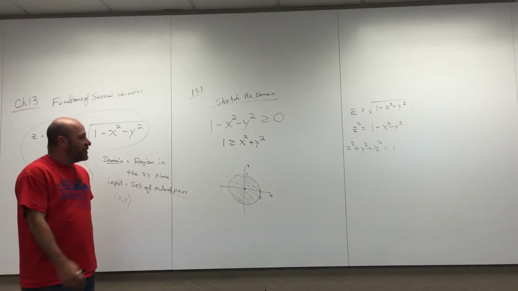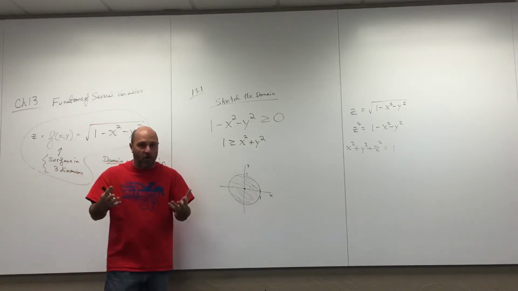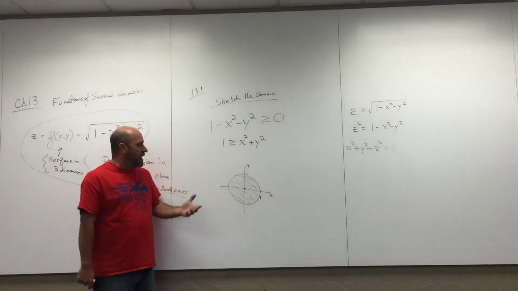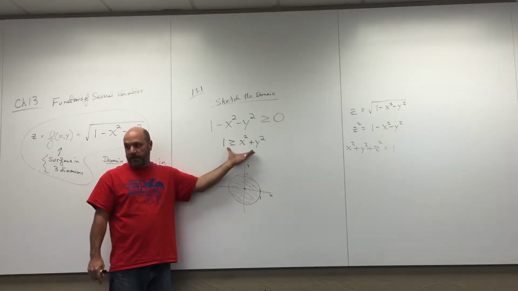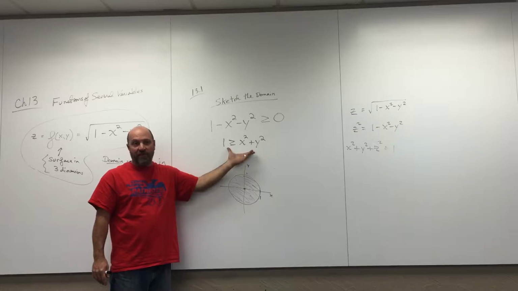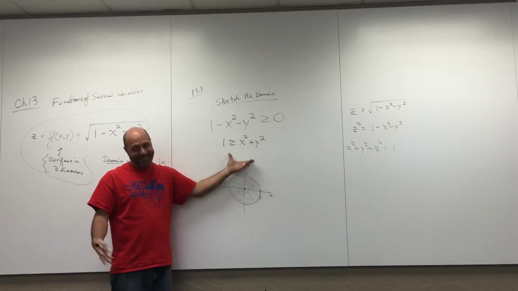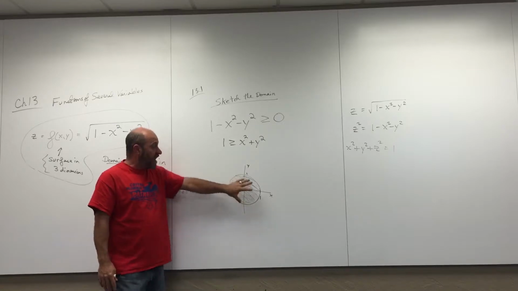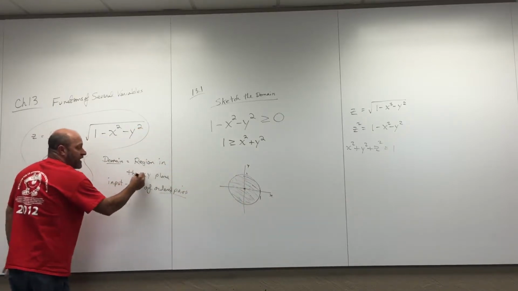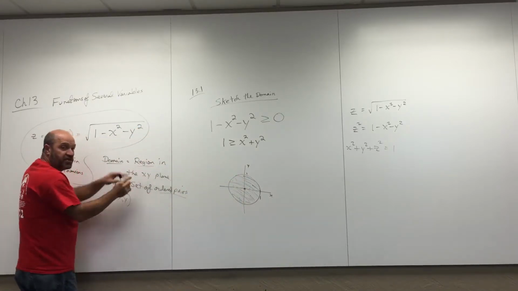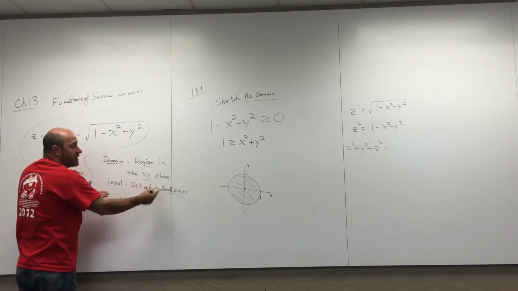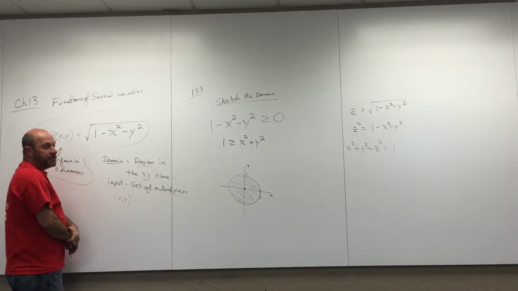So that's what we ask you to do. If I said find the domain or describe the domain, that's kind of this statement. But I want more than that. I want a sketch of the domain, which means you sketch this statement, which is a shaded region in the xy plane. When I use the word region, that's a shaded region in the xy plane. That's what the domain should be.